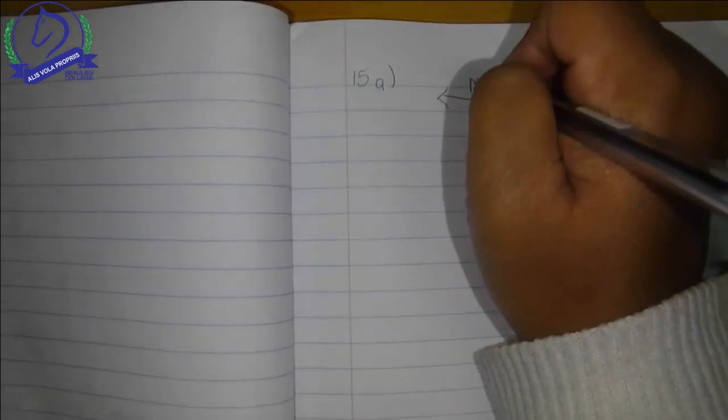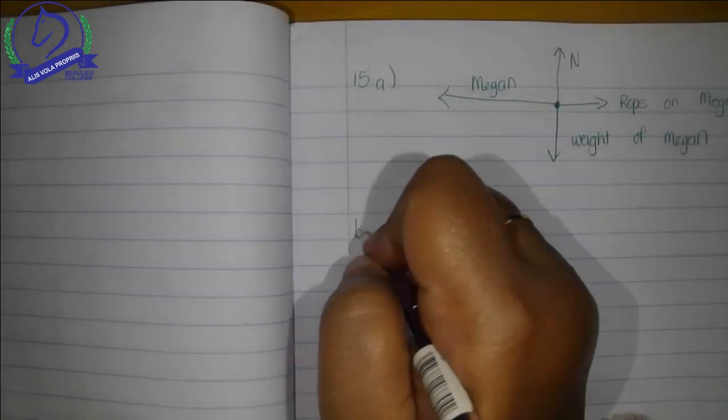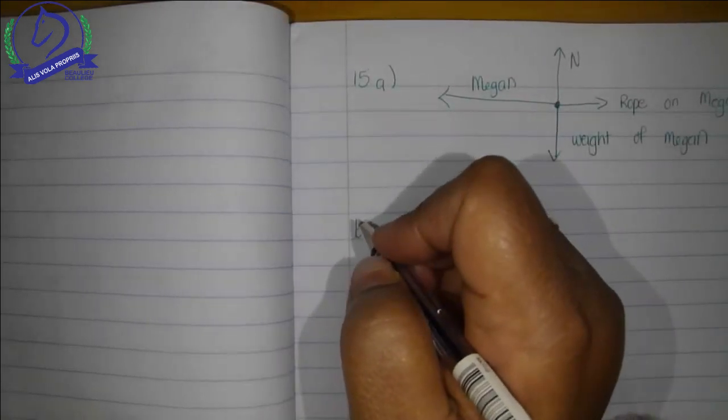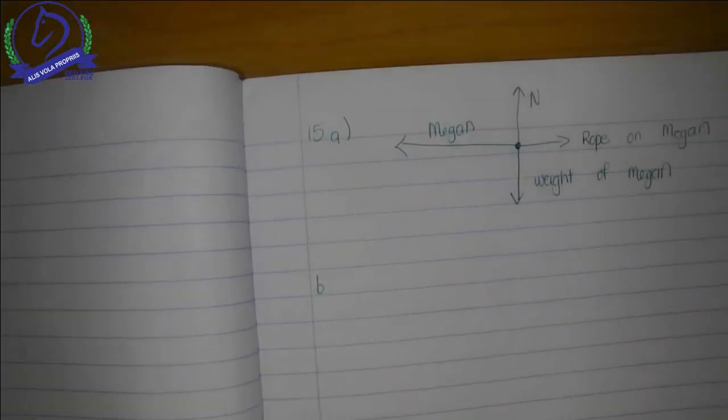Then we had the rope, that's the tension in the string on Megan, and finally we had the surface on Megan.